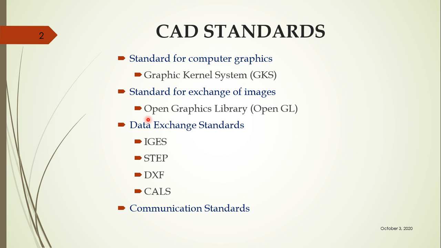We have discussed OpenGL, or Open Graphics Library. And the data exchange standards. The various data exchange standards are IGES, STEP, DXF, CALS, etc. Finally, the communication standards. So we have discussed all these. We have just had an overview of all these topics in the previous video. In this particular video, we'll be discussing the graphic kernel system.